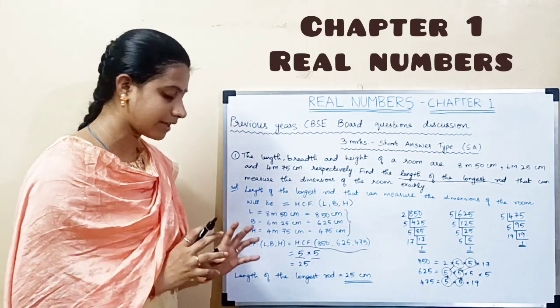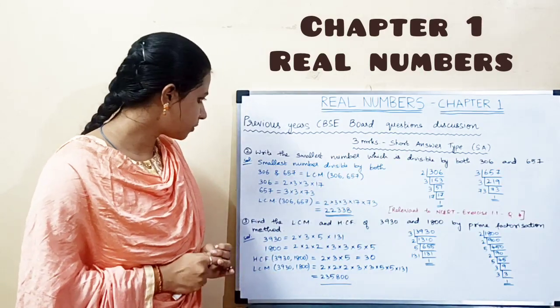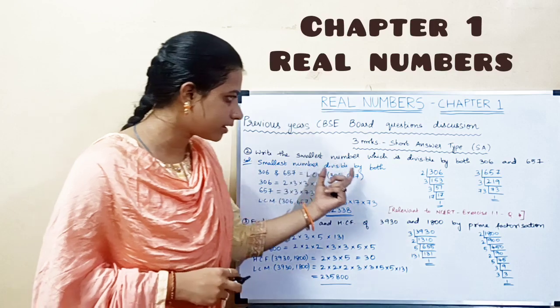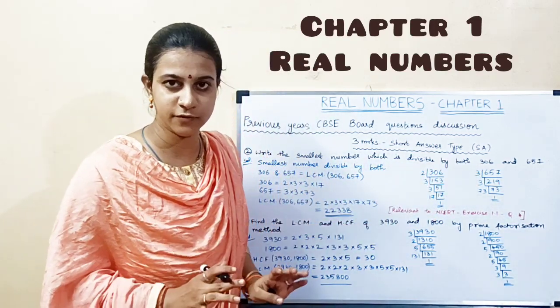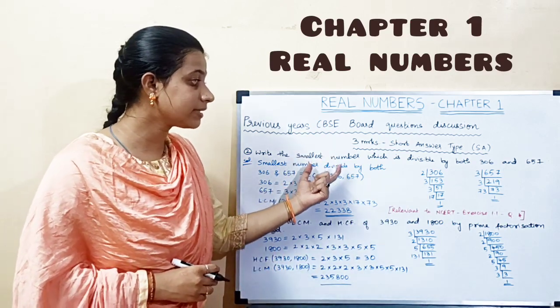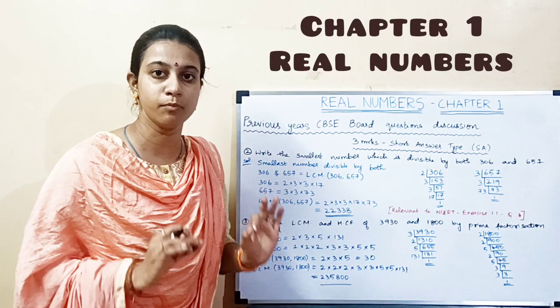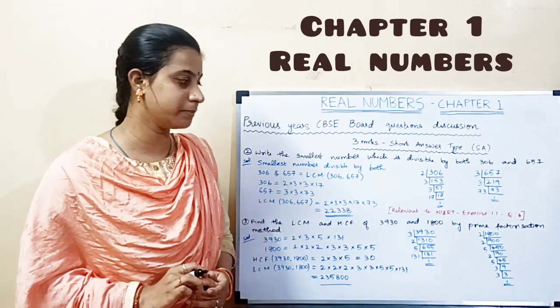Now let's move on to the second question. Now coming to the second question of these 3 marks. The question is, write the smallest number which is divisible by both 306 and 657. Since it is asked for the smallest number which is divisible by both of the given numbers, we have to find the LCM of the given numbers.